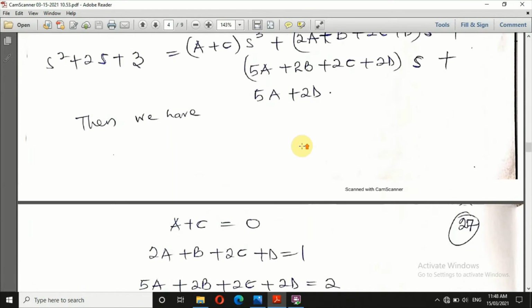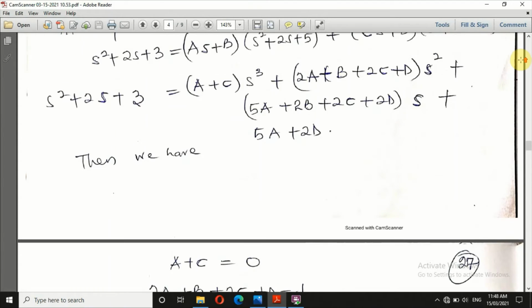So you now compare the coefficients. That means this one here will be equal to x squared, and this one here will be equal to 2, and everything here will be equal to 2. You don't have x cubed here. Do you notice that? There's nothing like x cubed here. That is why we equate this one to 0.